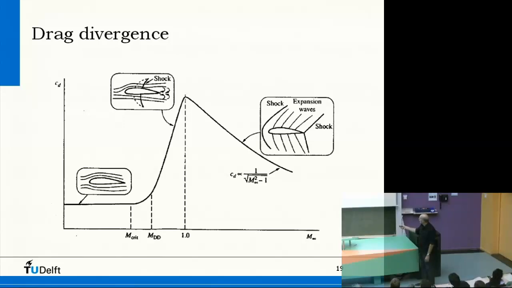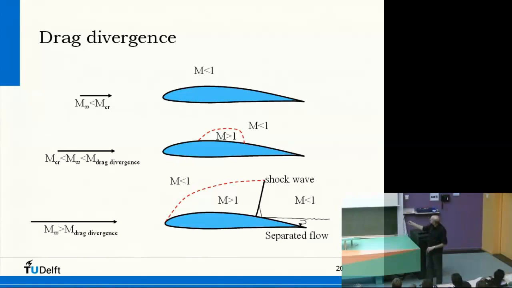Here, in between, nothing significant happens. I mean, somewhere locally on the airfoil, there is a sort of region where Mach is more than 1. Here you see it. If the Mach number is smaller than the critical Mach number, then this is just subsonic flow.